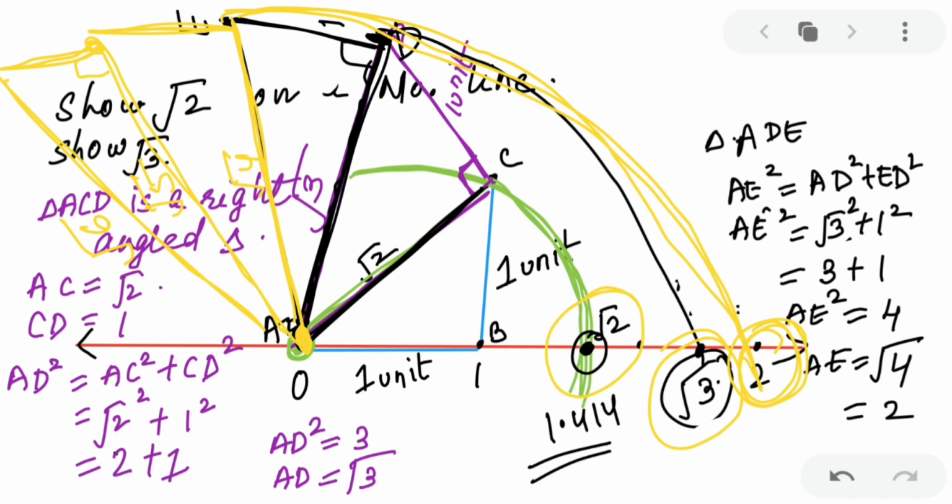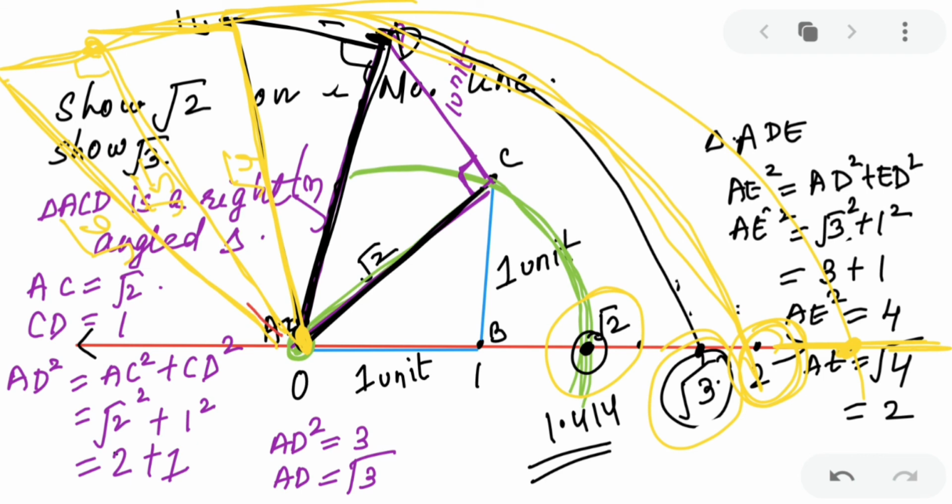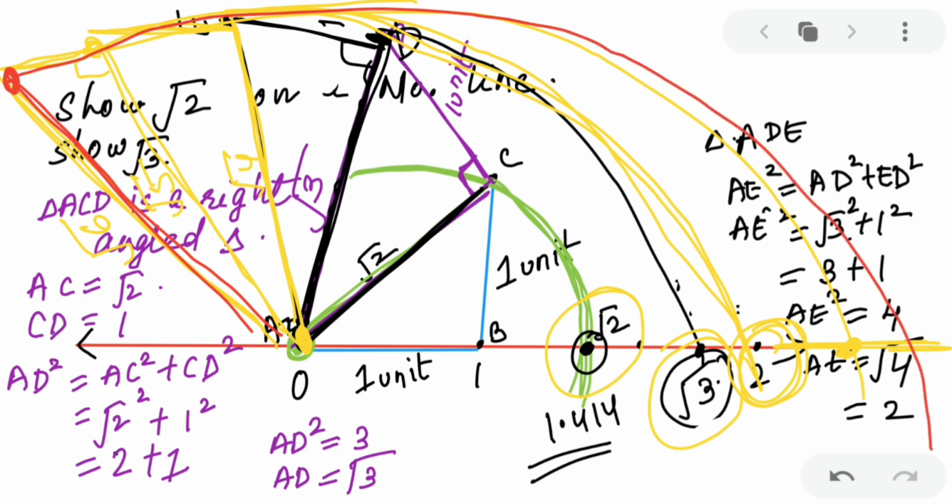And then you have to take them and make the arc so that it cuts your number line, because we want to exactly project the number on the number line. So you have to take that line as a radius. Like if this is root 6, I'll take this as the radius and put the arc with your compass directly on the number line. It will fall on the number line. Wherever it intersects your number line, that will be your root 6. Are you getting my point clear?